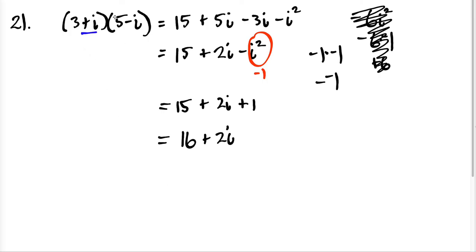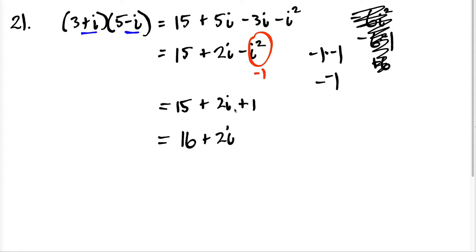When you take positive i times negative i, it becomes negative i squared. And so I bet you might have forgotten that negative symbol to start with. If this said plus i squared, then it would be a -1.